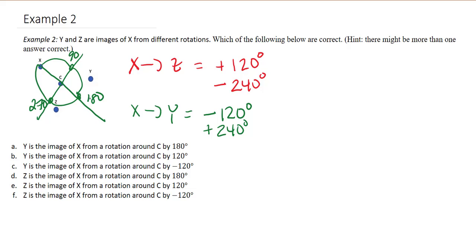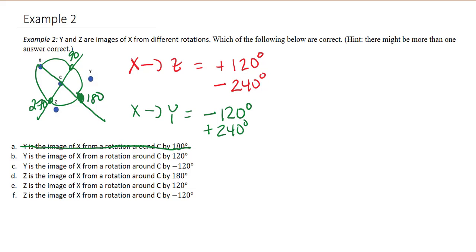So now let's look at our choices. Y is the image of x from a rotation around c by 180 degrees. Well, we can see probably where 180 should have been, so this is not the answer. Now, y is the image of x from the rotation around c by 120 degrees.